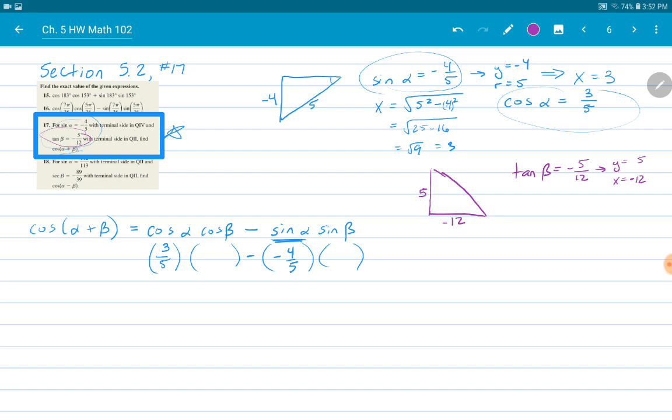And then I can find r as the square root of x squared plus y squared. X squared plus y squared, which is square root of 144 plus 25, square root of 169, which is 13.